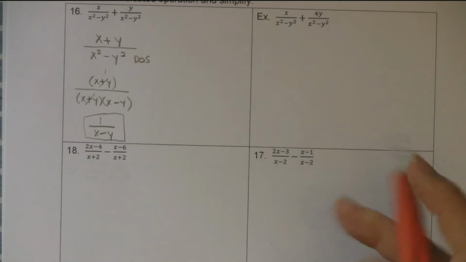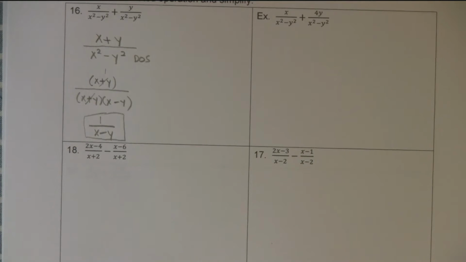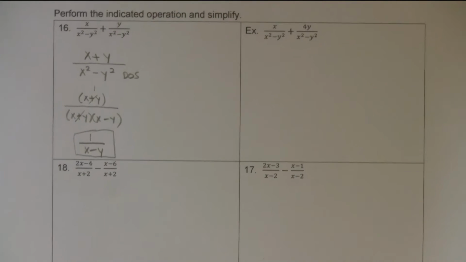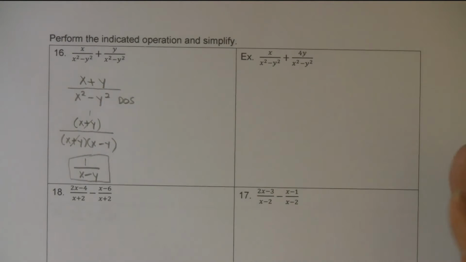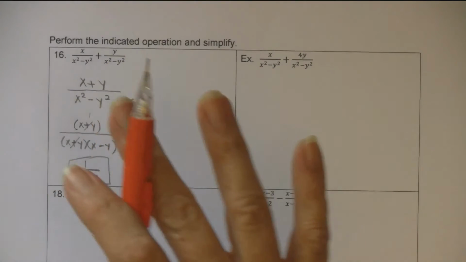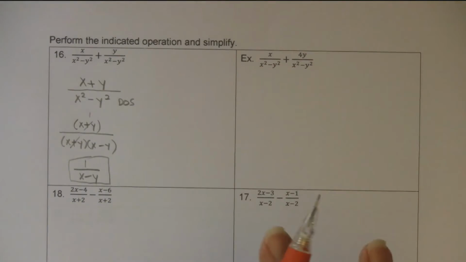I wanted this example right here because a lot of them reduce, and I wanted you to see that they don't all reduce. In a certain section it's like they all reduce, and in a certain section they all don't reduce.